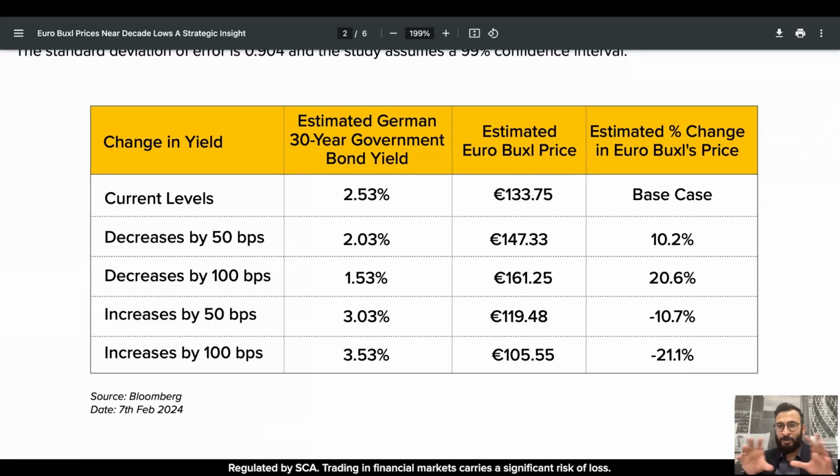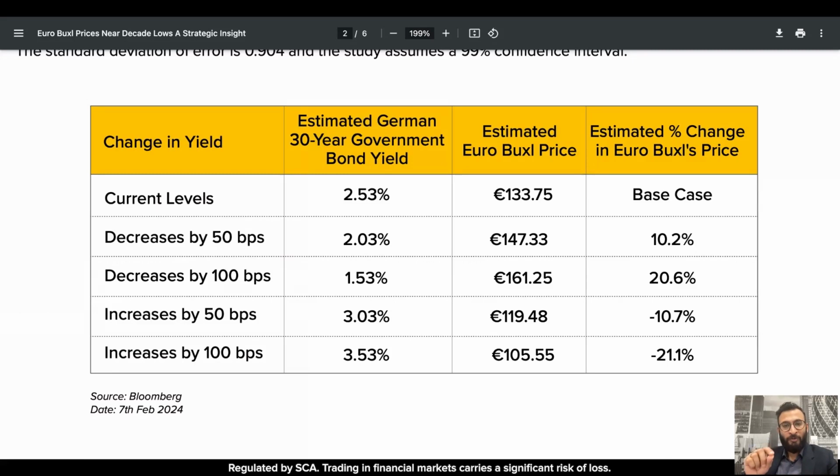As we have seen when we were establishing this relationship, when interest rates drop, the price of the bond goes up. Why? Because the current bonds you hold have a higher return, so when the interest rate goes down in the market, your bond becomes more valuable. So the Euro Buxel prices go up.